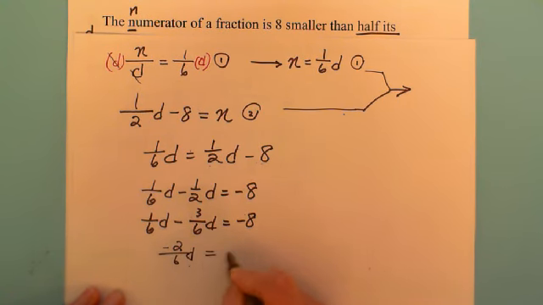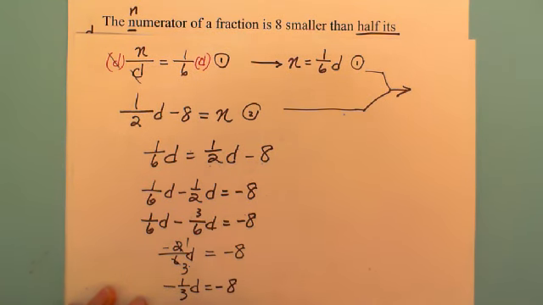And this is simplified to 1 over 3. Then you have negative 1/3 d equals negative 8. And because both sides have negative, you can just cross it.